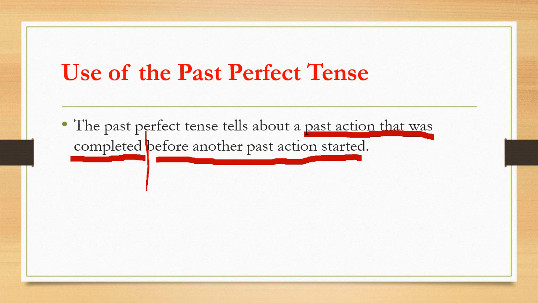So, may duwa ka action, tapos, ang nakumplito na nga action, amo na siya ang usaron sang past perfect tense. Ang nakumplito nga action bag-o pa mag-start ang isa naman ka action. Kung medyo nagamuhan, do not worry kay malantaw kita sa mga examples after so that you would understand better kung paano usaron ang past perfect tense. Okay? So let's have some examples.